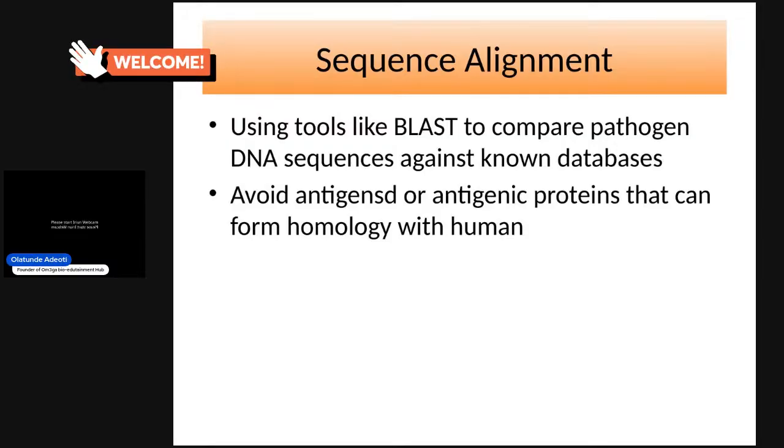If the antigen you retrieve from that database, when you do alignment, you discover that it has similarity with that of human, that means it's not going to be a good vaccine, because a vaccine should not be part of the human body, but should serve as foreign, so as to trigger an immune response.